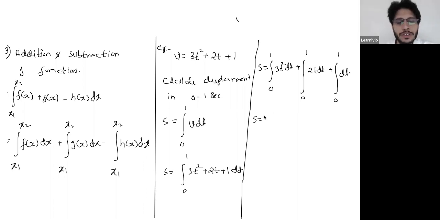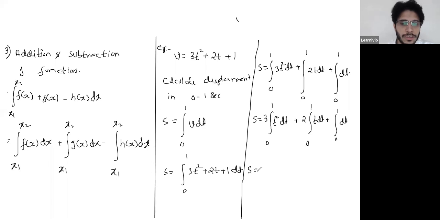See, this 3 is constant. We can take this 3 outside the integral. It's 0 to 1 t square dt. Then again 2 is constant. We can take this outside. It's 0 to 1 t dt. And it's simply 0 to 1 dt. So the displacement is 3. This is t square.